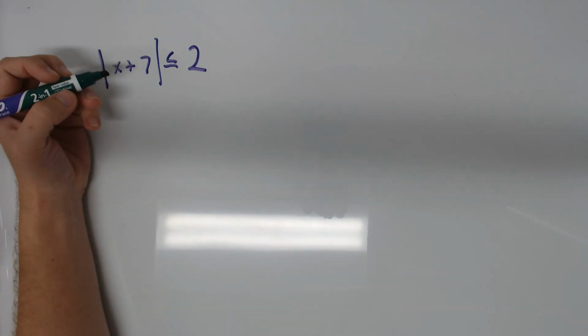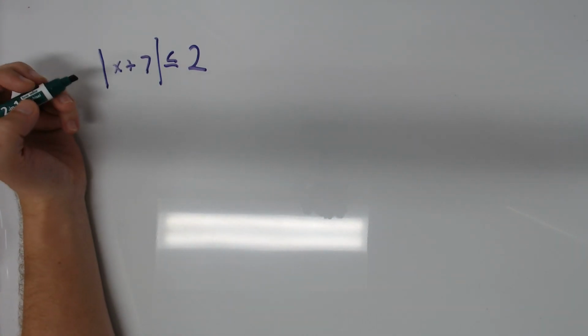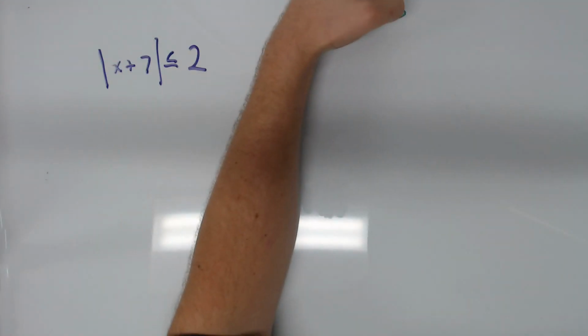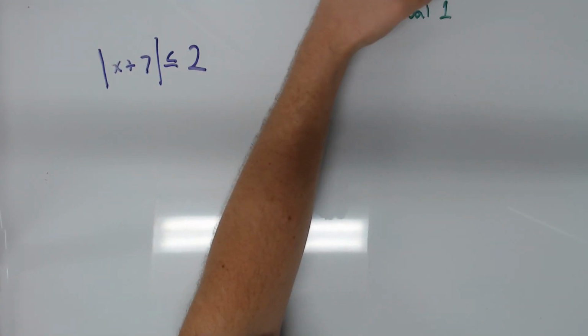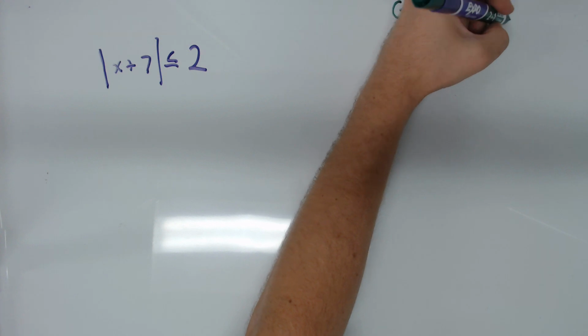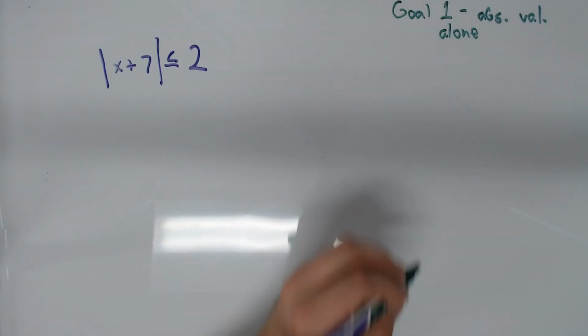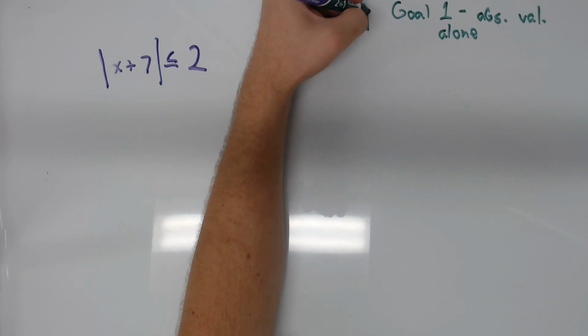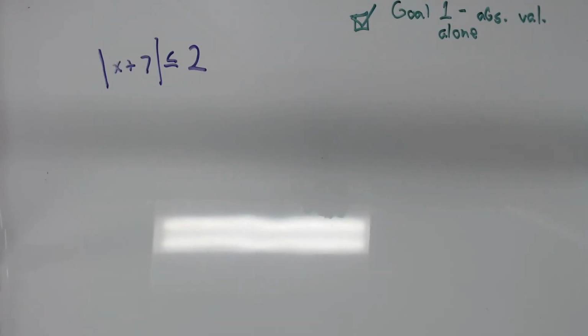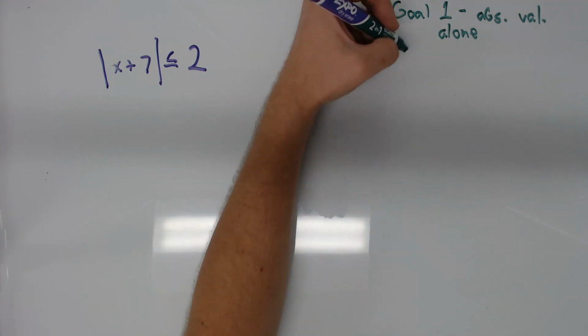So, looking at this, goal 1 was to get the absolute value alone. Goal 1, abs val alone. That's already done for us. So I'm going to check that box. All right, now we look at goal 2, decide and or.